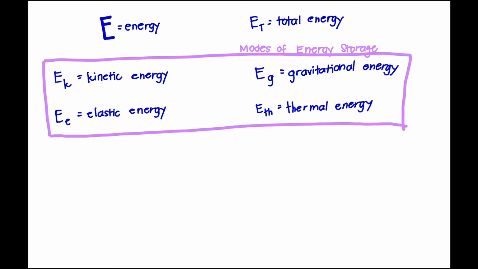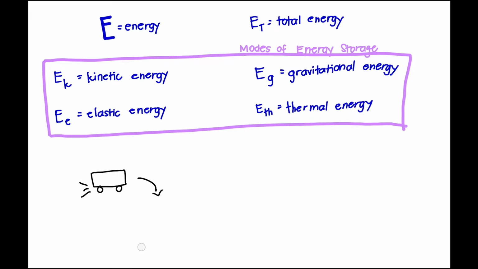And what we're going to look at also is how the energy is changing. When the energy is changing from one type of energy to another, let's say there's kinetic energy, and maybe there's a car that's moving, and it moves off a cliff. Well, that's not actually a really good example.